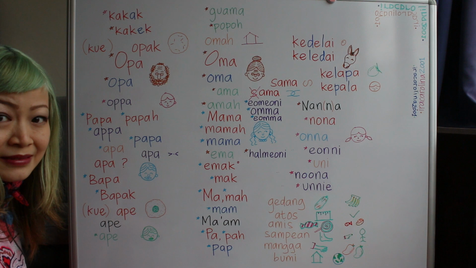But if someone talk to me or someone talk to other female, they cannot say onna in their sentences because it will be considered impolite. If I refer to myself as a female, I can just say onna, but to say it to someone is not polite.